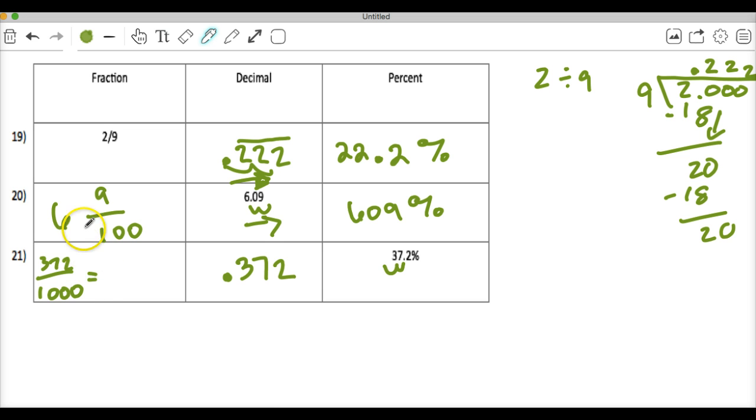And I'm going to try dividing by 4. So because these don't have a common factor, this is the simplest form as well.